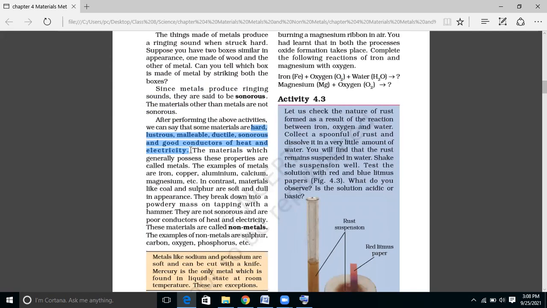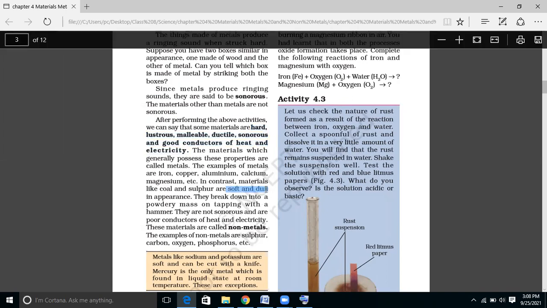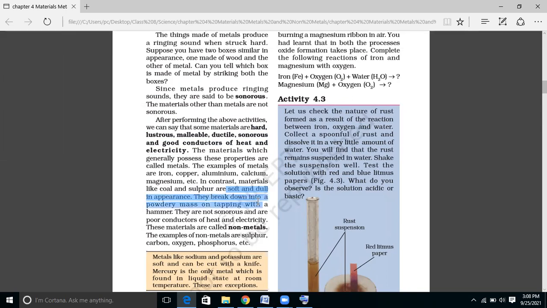Now, in case of non-metals, what we can say is that they are rather soft and dull in appearance, and they are broken down into powdery mass on tapping with the hammer. Then they are not sonorous, they do not produce sound, and they are poor conductors of heat and electricity.